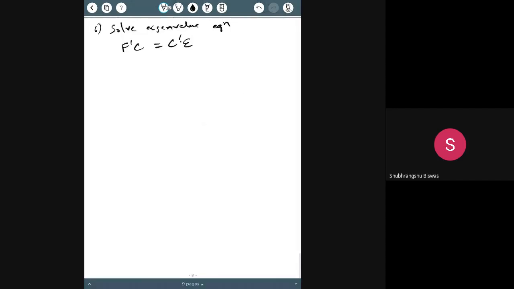Okay, so you obtain C prime. Then you go from C prime to C. How do you do that? Sorry, so you get C prime, and then C is equal to X C prime.